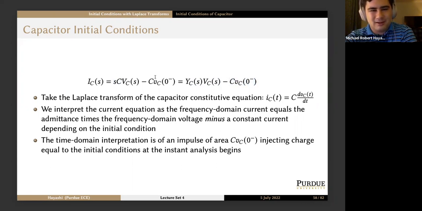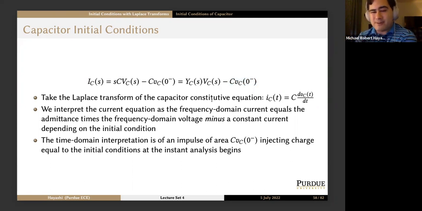So this is saying, okay, this is like two currents. The frequency domain current through the capacitor equals the admittance times the frequency domain voltage minus a constant current that depends on the initial condition right here.